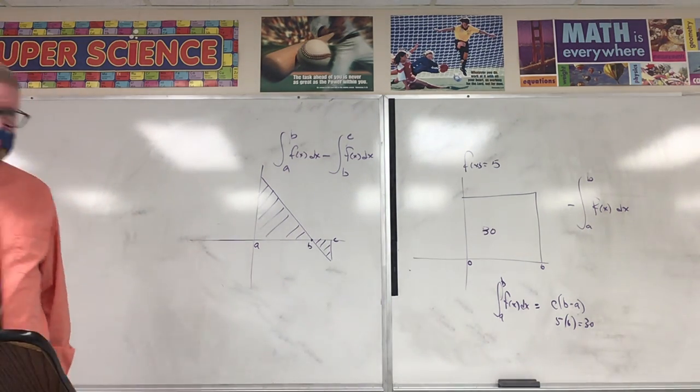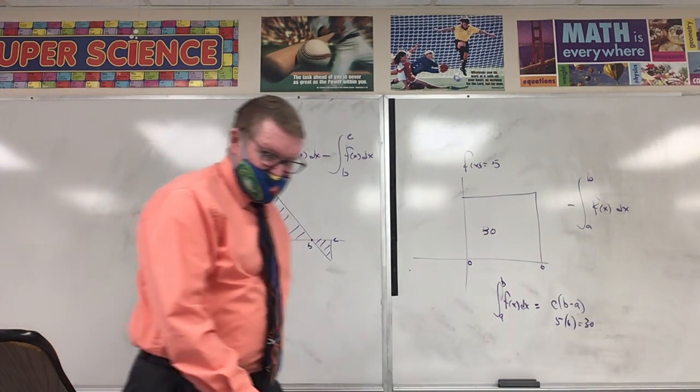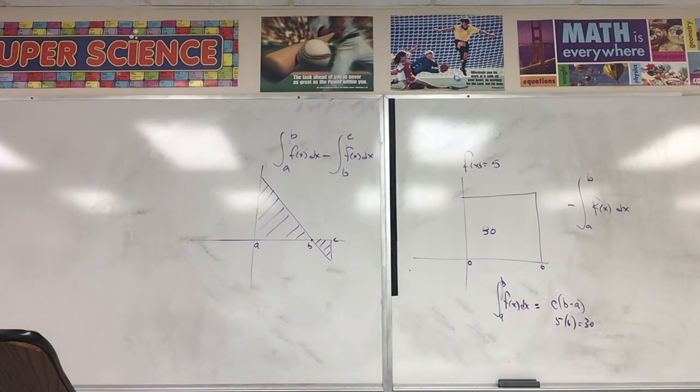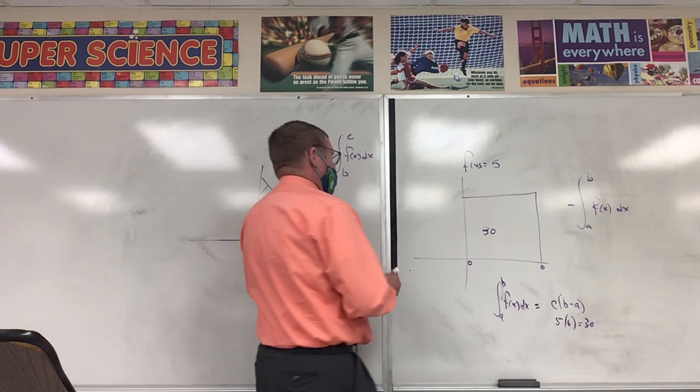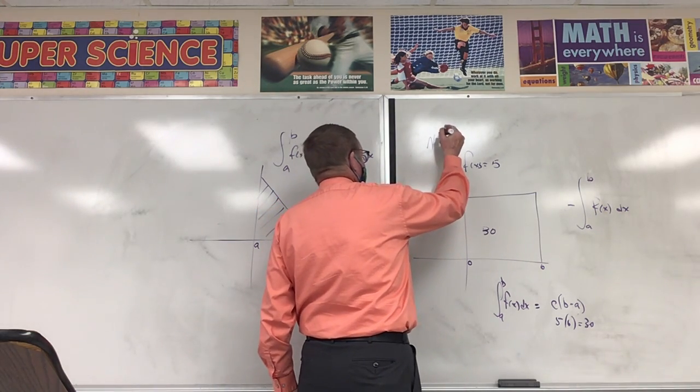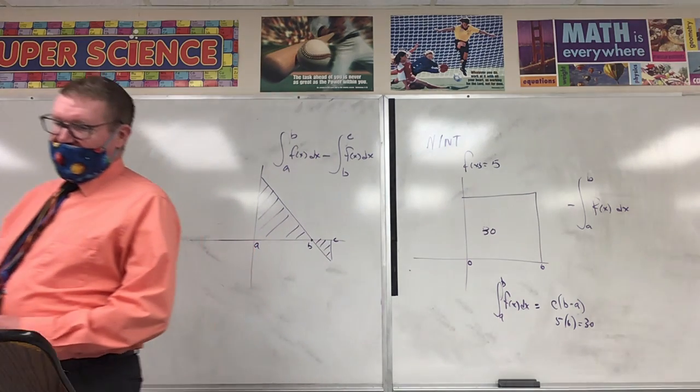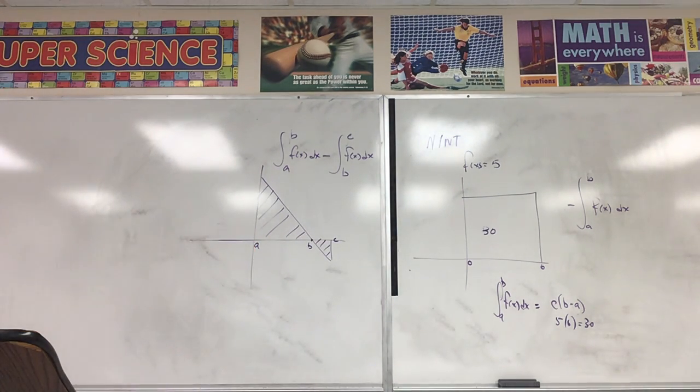All right, so if you take out your calculator, there is a function on your calculator that you can use to find integrals. When you see it in your book, it's called NINT. NINT, integral. You will find it underneath math.